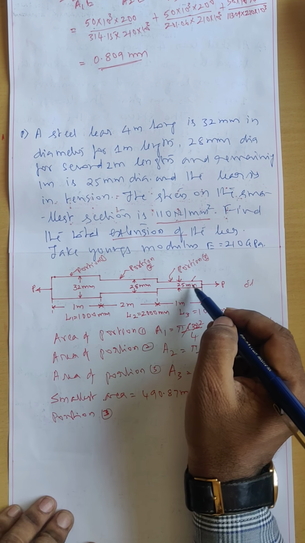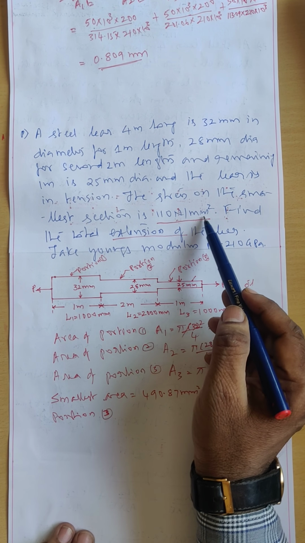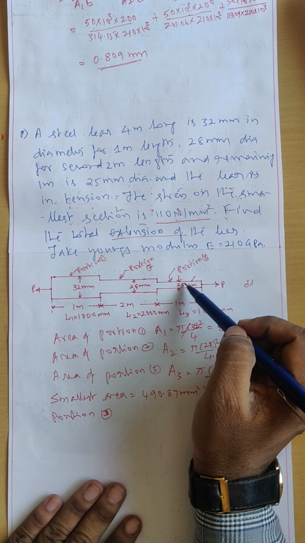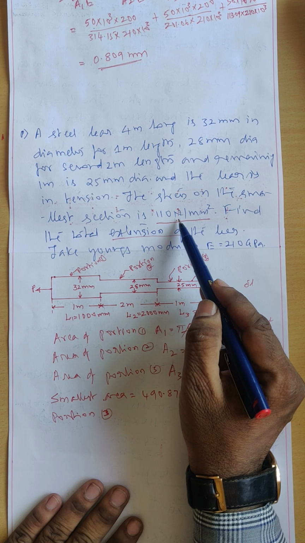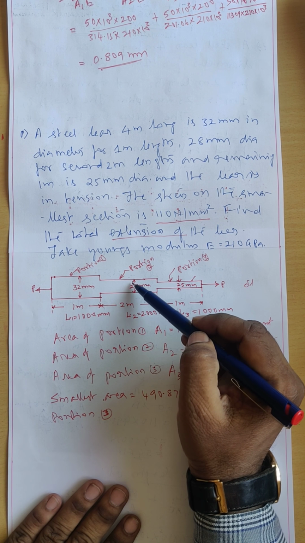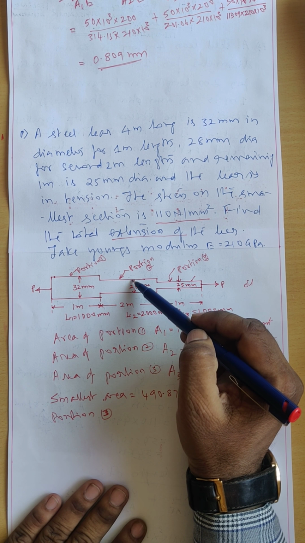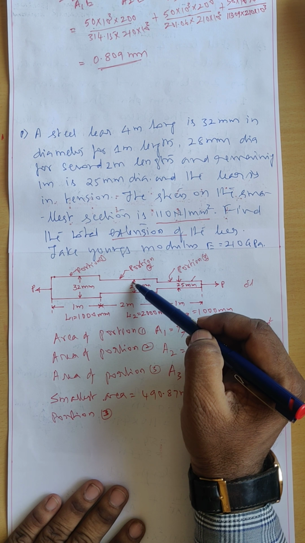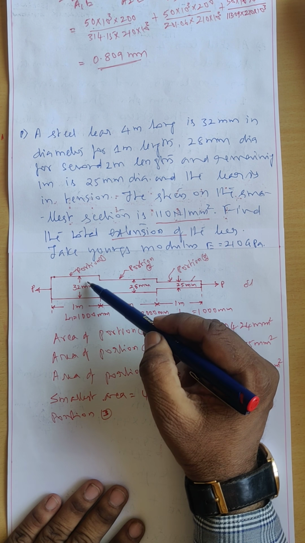In the portion 3, the stress is 110 Newton per millimeter square, because if in this smaller portion stress develops 110 Newton per millimeter square, in the 28 diameter bar the stress is lower than 110. It can take higher than 110. Again, this also can take higher than 110 Newton per millimeter square.